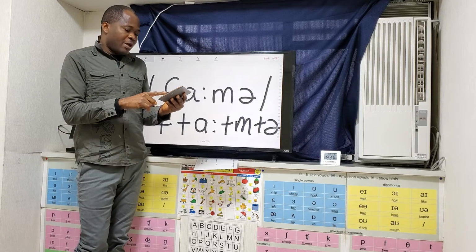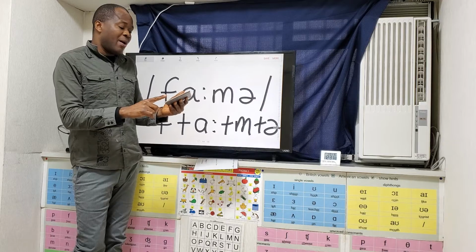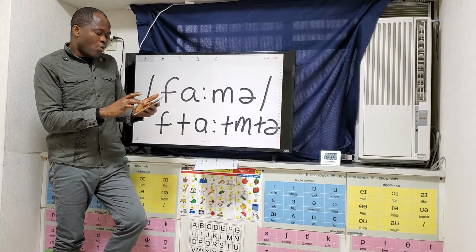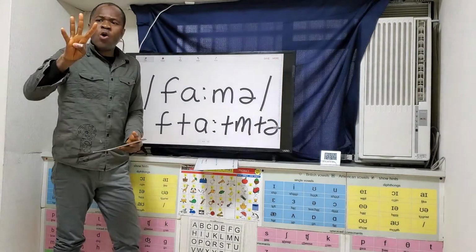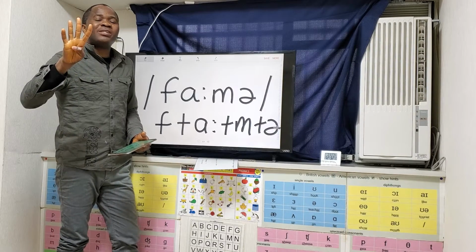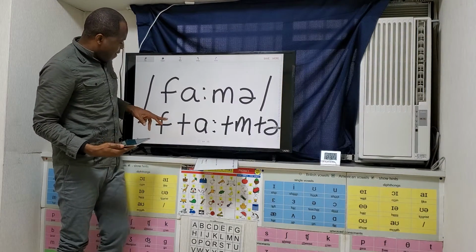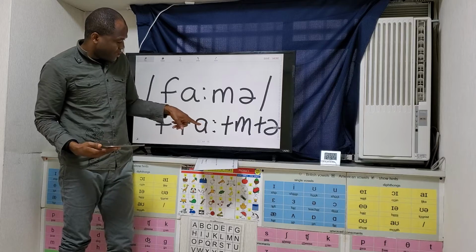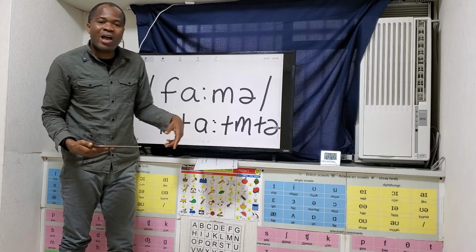So with farmer, I'm going to have 1, 2, 3, 4 phonemes. Remember, I said phonemes are representations of sounds in a word. If I'm using the F and this symbol and that symbol, we don't see these symbols in the usual 26-letter alphabet.